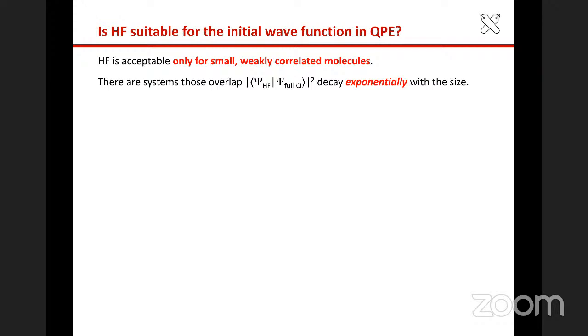You can easily imagine that if the molecule is strongly correlated, the wave function is not well approximated by a single configuration, and we have to take into account many configurations to mimic the wave function. But there is an additional condition: the molecule should be small enough.